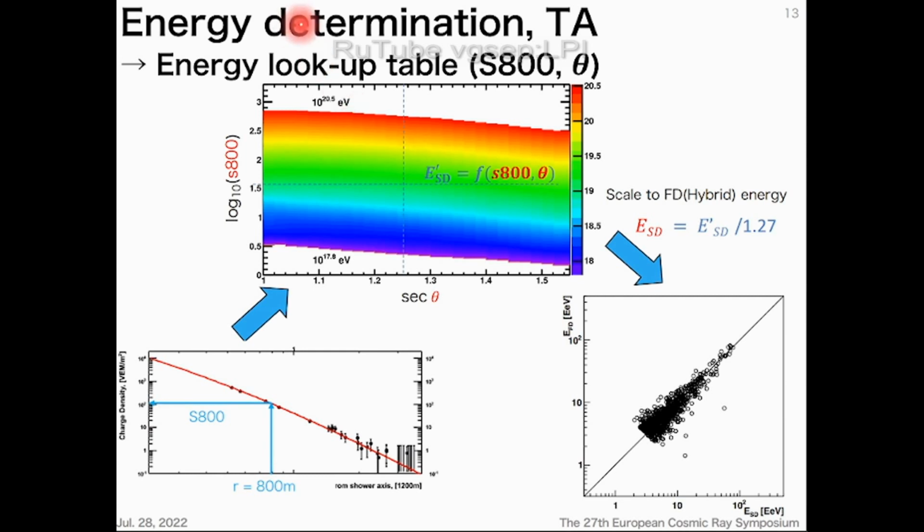They obtain the energy from the lookup table, then rescale it down by 27%. Then they obtain the final SD energy. This is the rescaled SD energy versus the FD energy. So the TA case also has a good linear relation like this one.